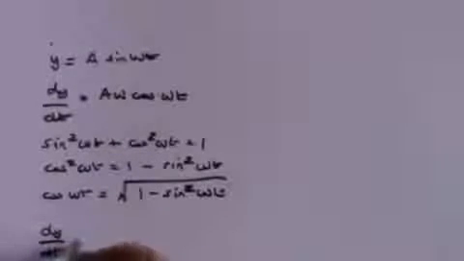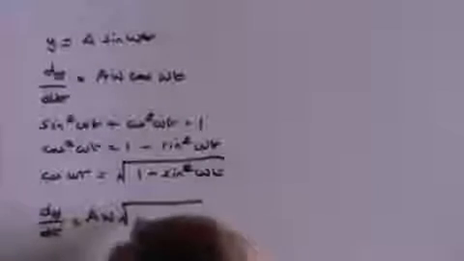So dy by dt equals a omega times the square root of 1 minus y squared over a squared, and therefore dy by dt equals omega into the square root of a squared minus y squared. The velocity is at a maximum when y equals 0, that is, when there is no displacement. That is when dy by dt, the velocity, is omega a.